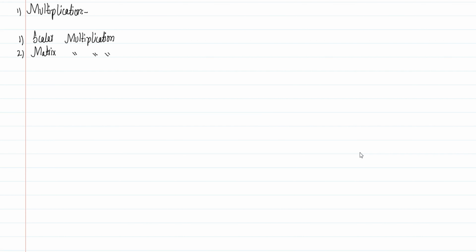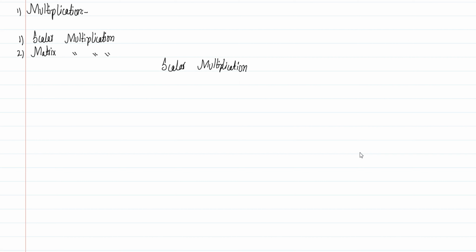First we do the scalar multiplication, then we will move towards matrix multiplication.